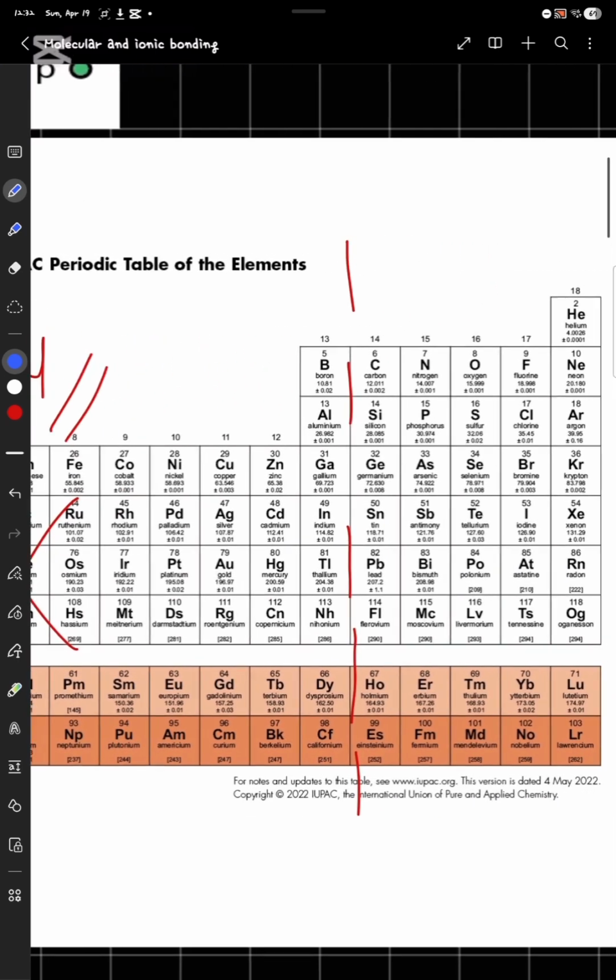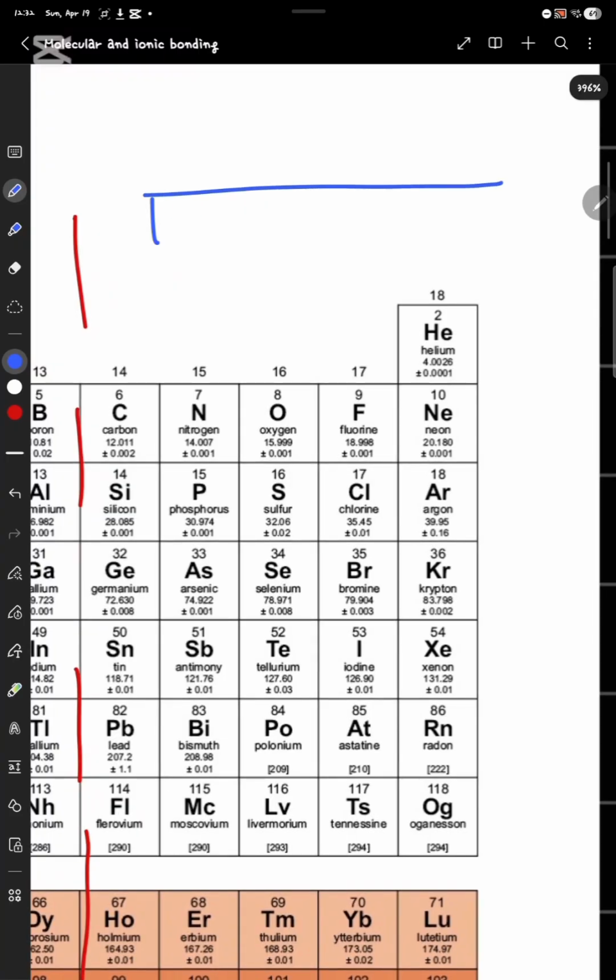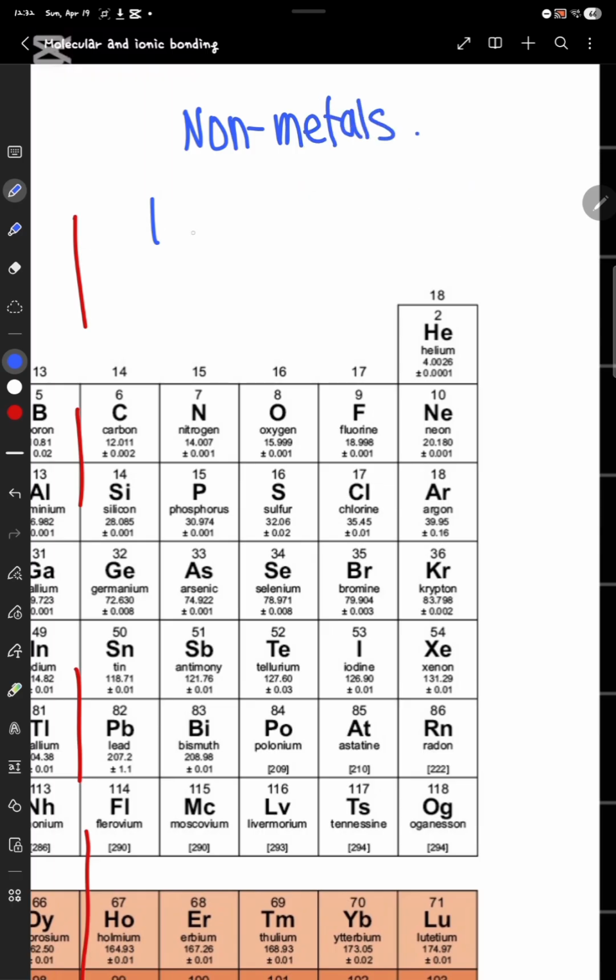What you have to know is that the groups on the right here, they're nonmetals. And nonmetals, as we said earlier, tend to gain electrons.